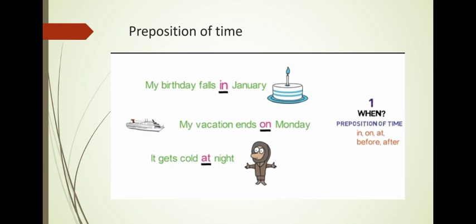So here on is also a preposition. Now the last one, it gets cold at night. Here the words gets cold are linked with night by the word at. Without the word at, we wouldn't know the link between the words, so this sentence becomes incomplete. By using at, the sentence is complete. In this way, we use the preposition of time.